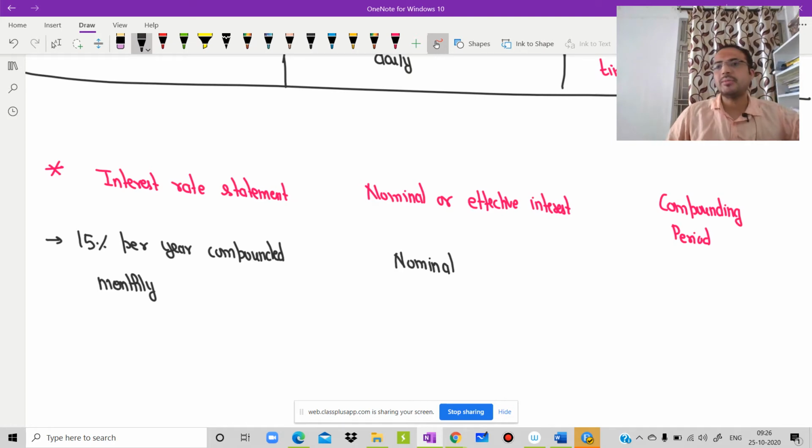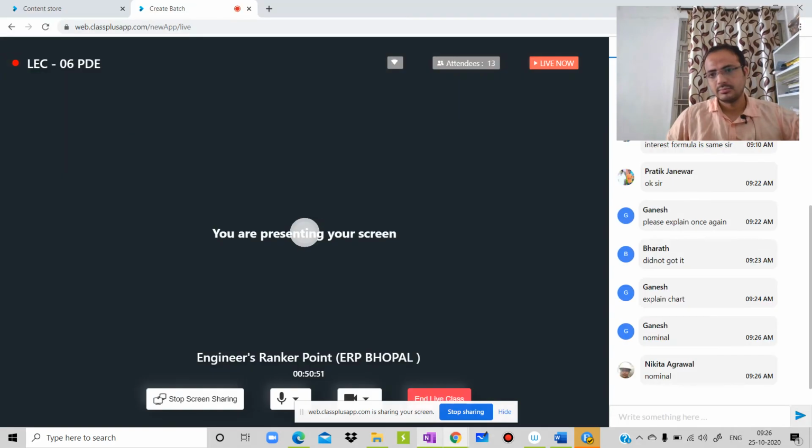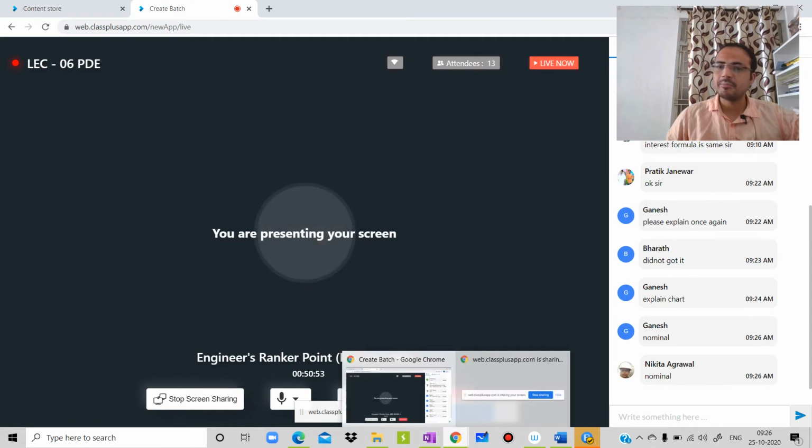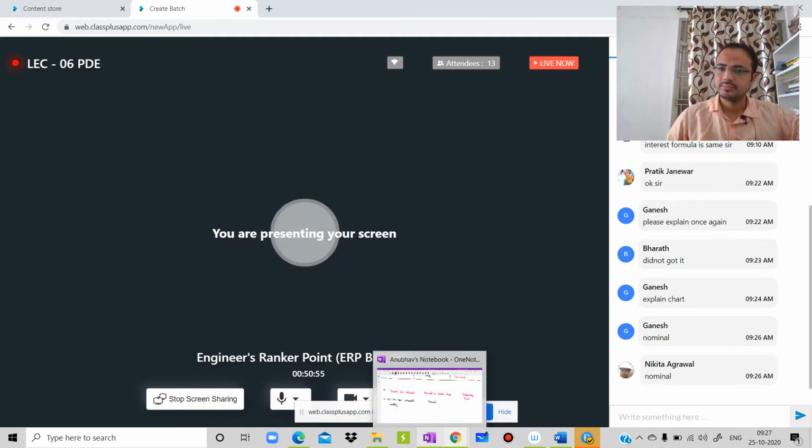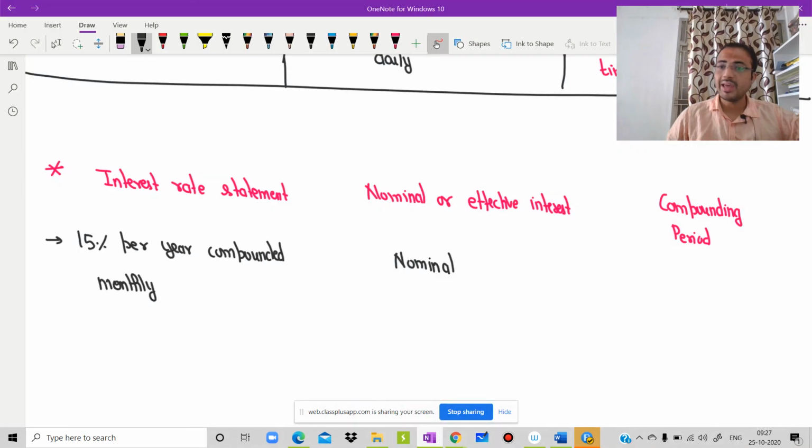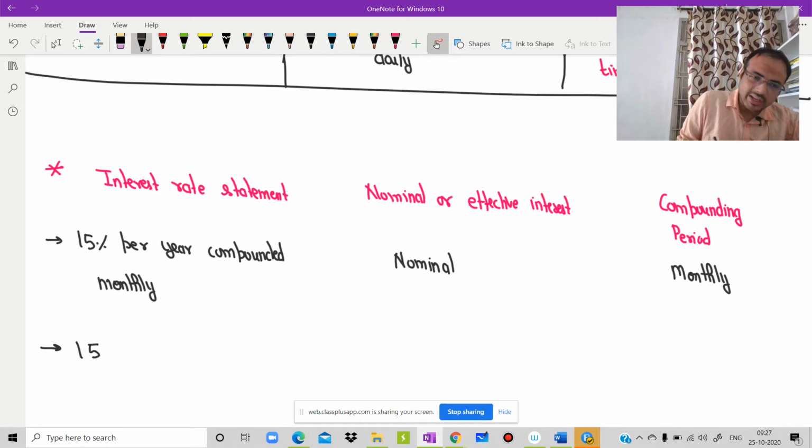And what is its compounding period? What will be its compounding period? 12. It means per month, or we can say monthly. Then you need to identify like this only. Suppose you have simply 15% per year.